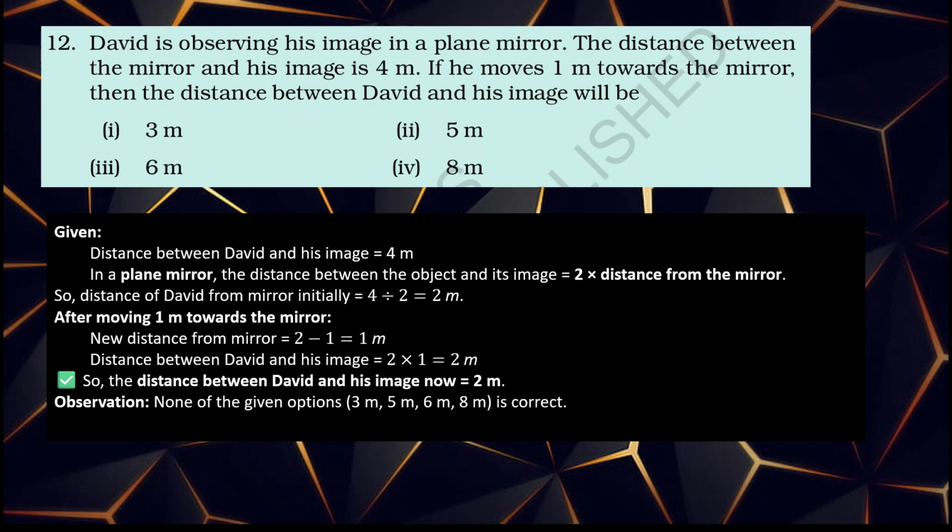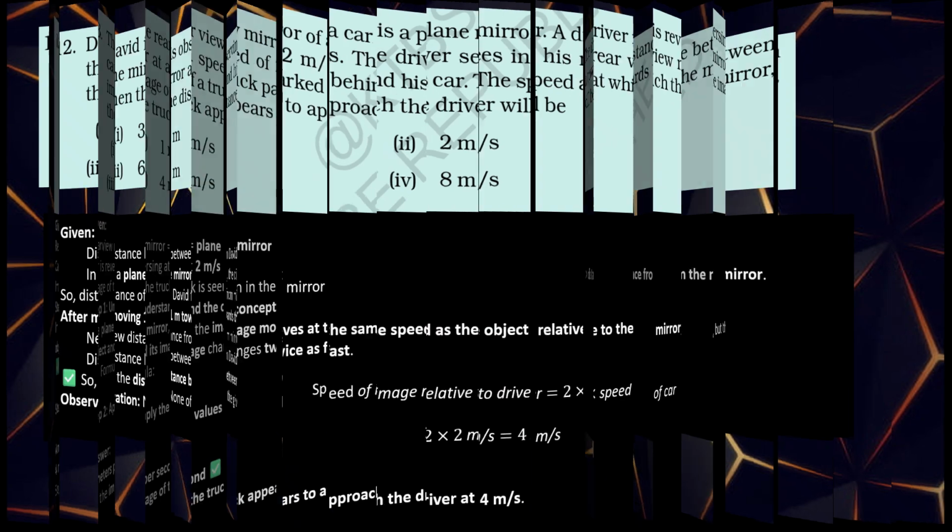The distance between David and his image is now twice that distance, that is 2 times 1, which is 2 meters. So the distance between David and his image is now 2 meters. So none of the options are correct here, all are wrong.